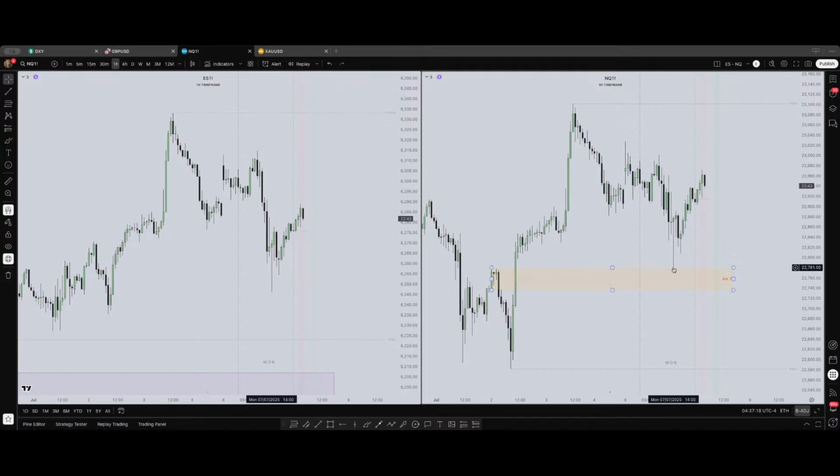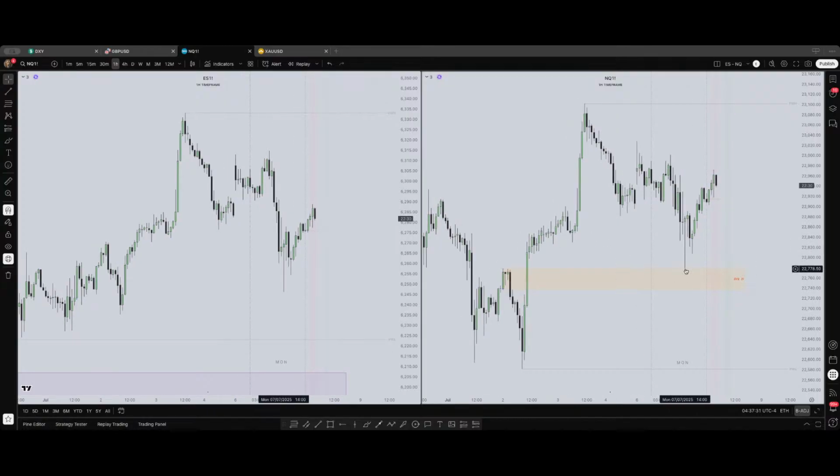I was expecting price going lower, and then I go to lower time frame and search for a confirmation, like a market structure shift, something like that. So I didn't enter here, but I'm still interested somehow.